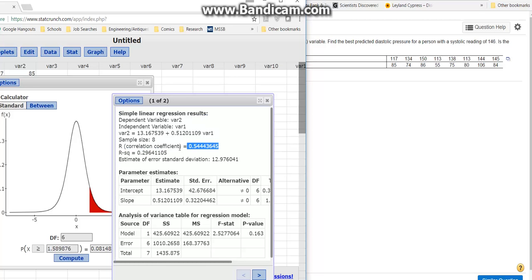But statistically speaking, it is indistinguishable from 0 because the p-value that corresponds to this r is 0.081. And that p-value is bigger than alpha 0.05. Therefore, I must fail to reject the null.